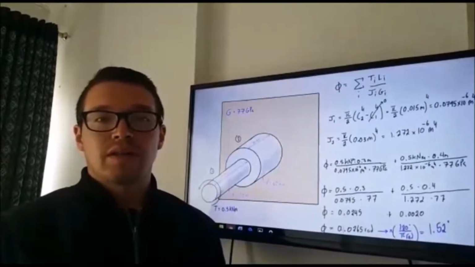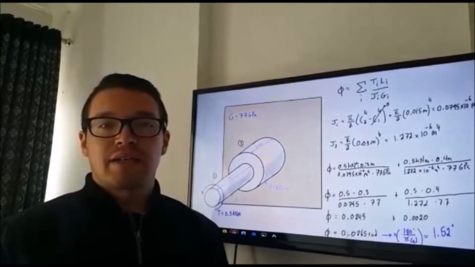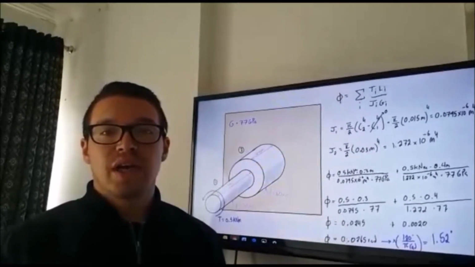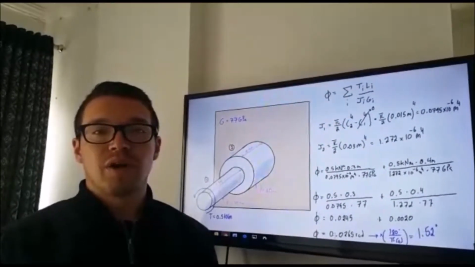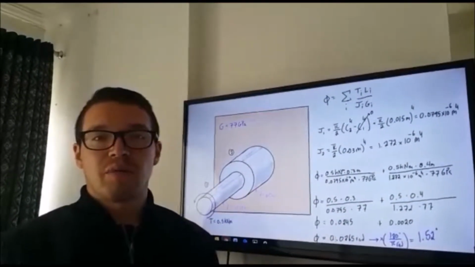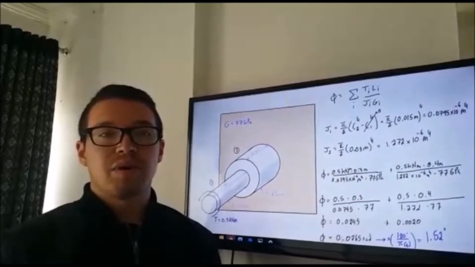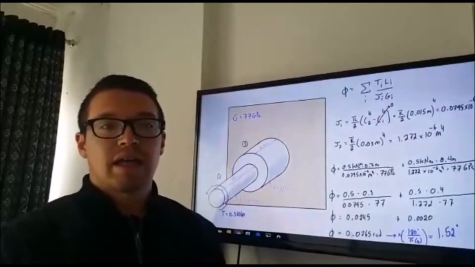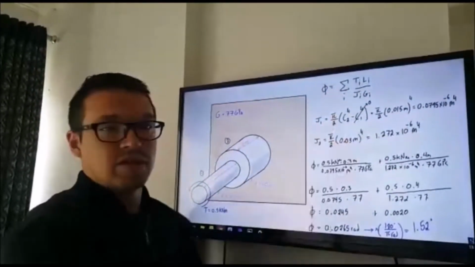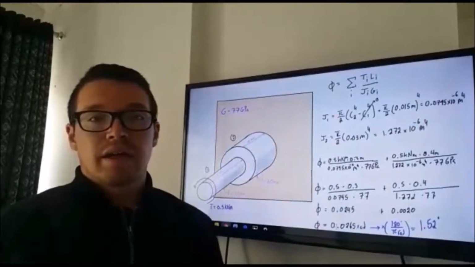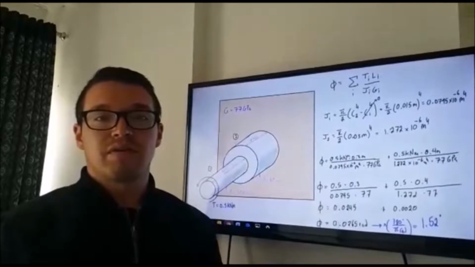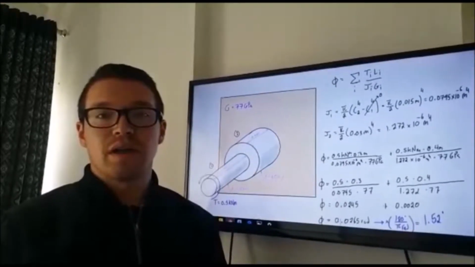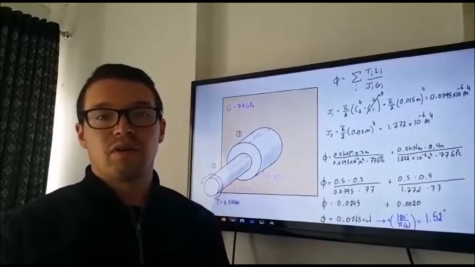Then what we want is to find J for section 1 and also for section 2. The formula we use for the polar moment of inertia is pi over 2 times c2 to the power of 4 minus c1 to the power of 4.